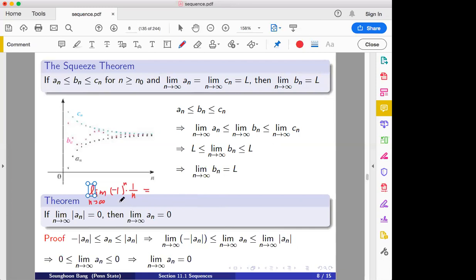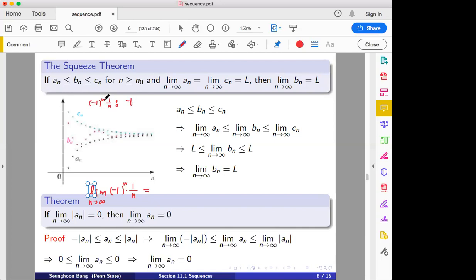So here we have two methods possible. The first idea is I can draw a graph. What does it mean? For negative 1 to the power n times 1 over n, I can draw all the terms of the sequence. For n equals 1, the first term is exactly minus 1.